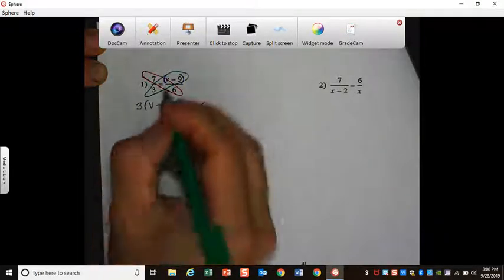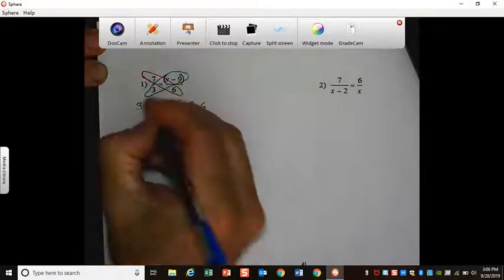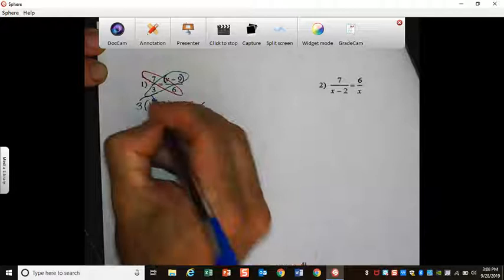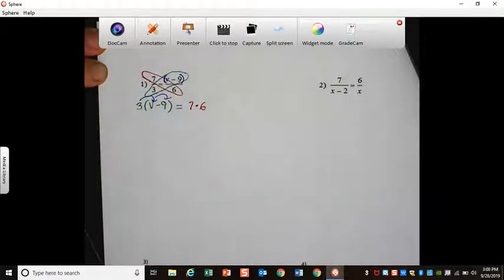Now, as you know, when you have parentheses, you're going to distribute or dolphin dive. So I'm going to distribute that 3 over both terms inside the parentheses.